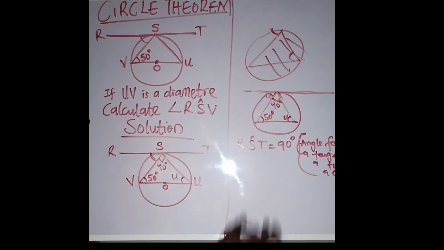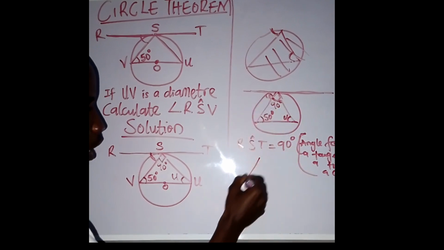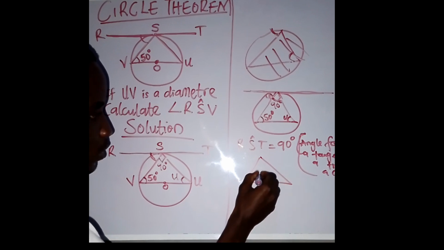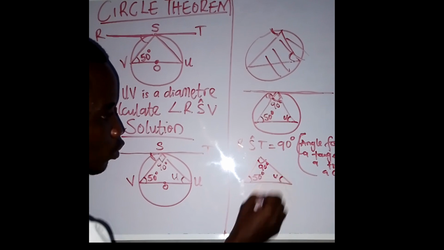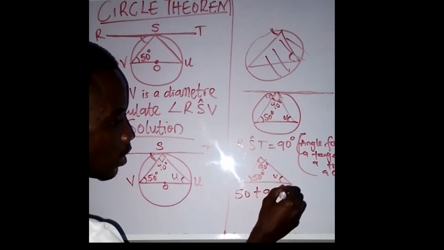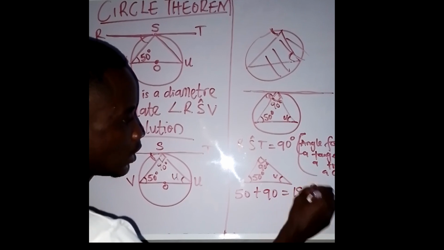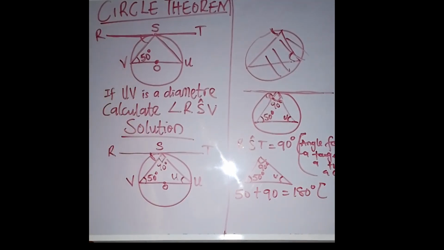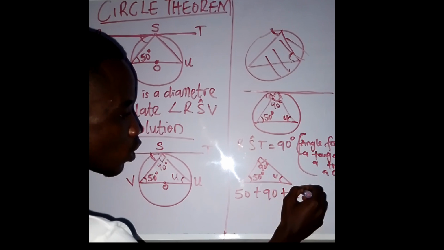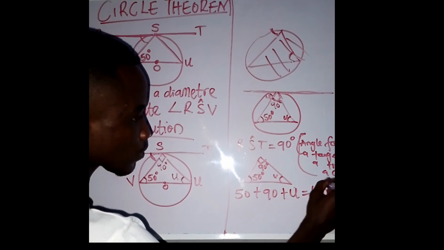So from this triangle, I have my normal triangle now. This part is 50 degrees. This part is 90 degrees. So I'm automatically looking for U. So what do I get for U? I can say 50 plus 90 plus U equal to 180 degrees.